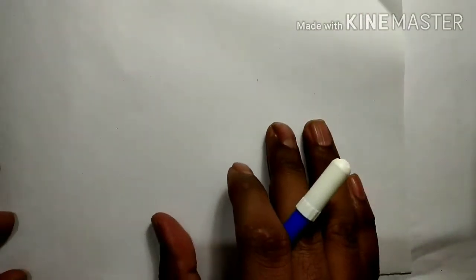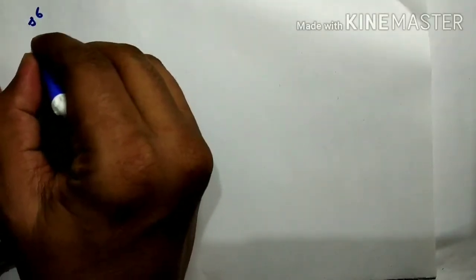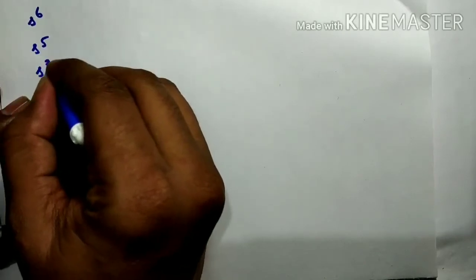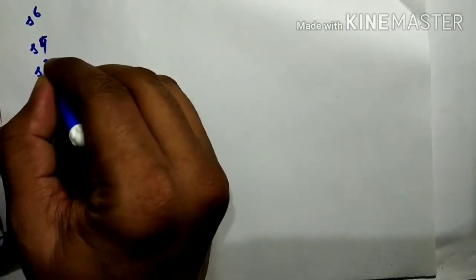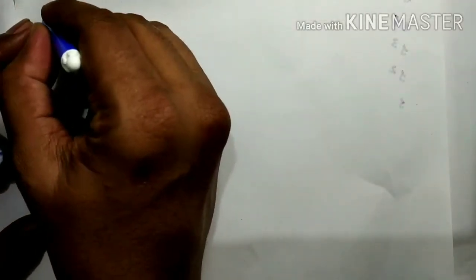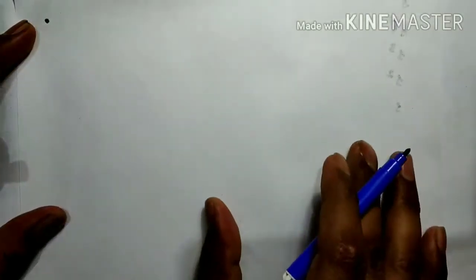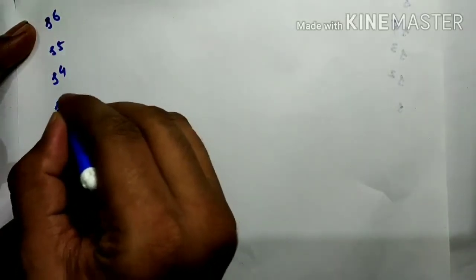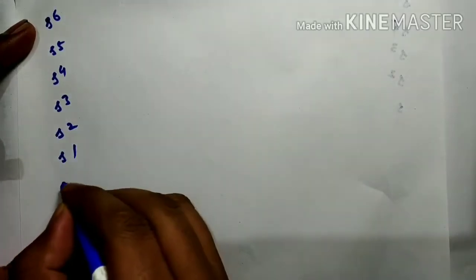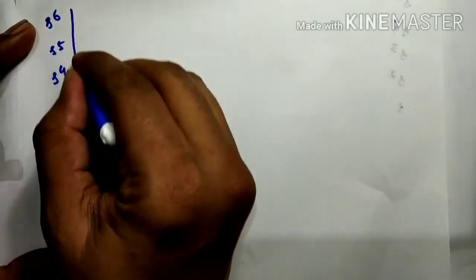So we know that s power 6, s power 5, s power 4, s power 3, s power 2, s power 1, s power 0.